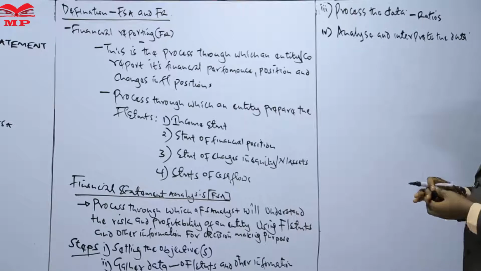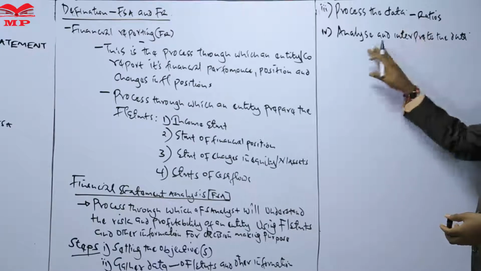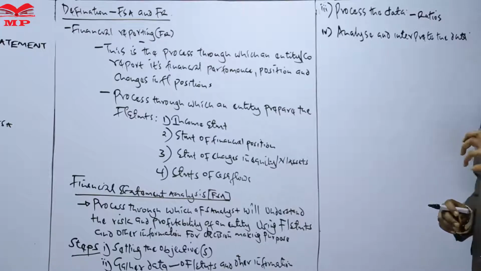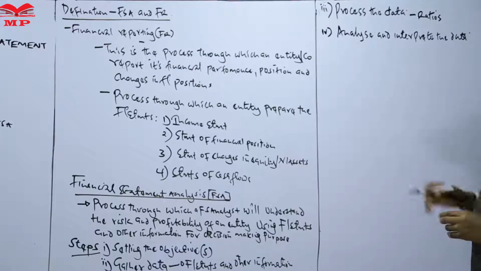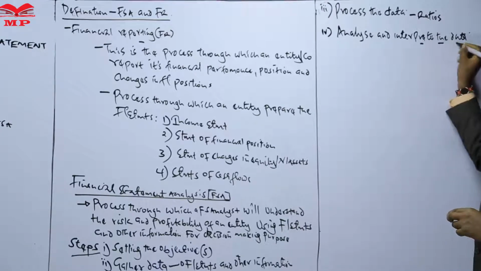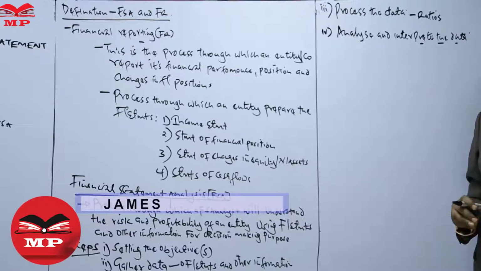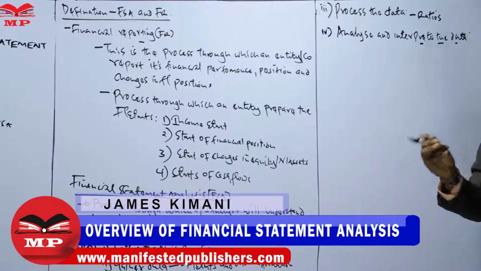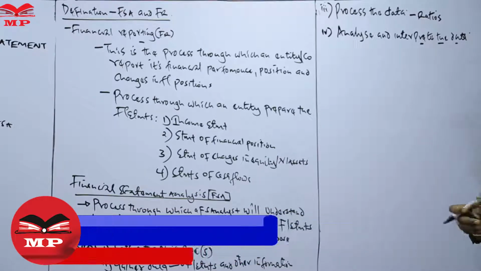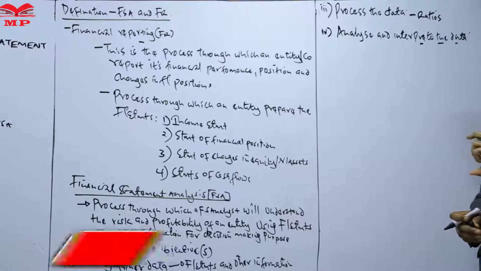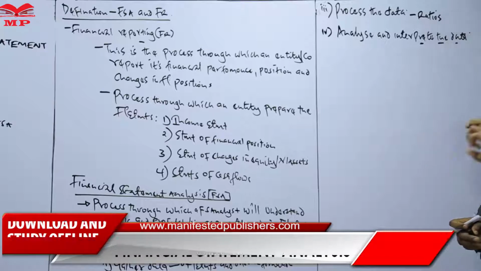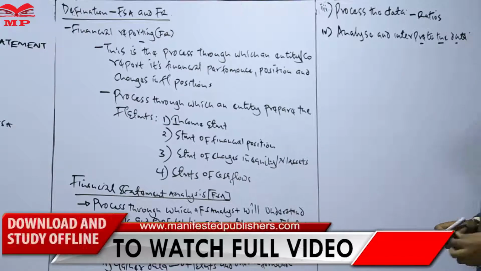Maybe he analyzes those particular ratios for various years, and from there he will be in a position to interpret that data, to come up with more information regarding the picture portrayed by those ratios. For example, he may see that the profitability of the company has been improving, maybe the liquidity position of the company has been improving, and so on.